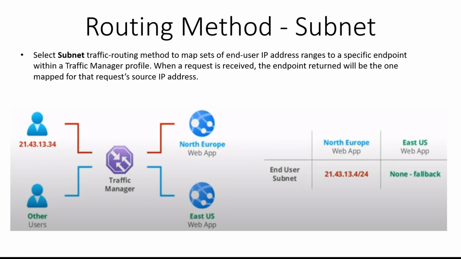So for example, when traffic is coming from this IP, it will check which location this IP is configured to. If this IP is closer to the end user IP, which is located in North America, it will route the traffic to Northern Europe.